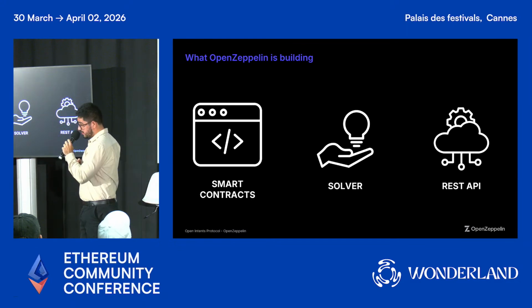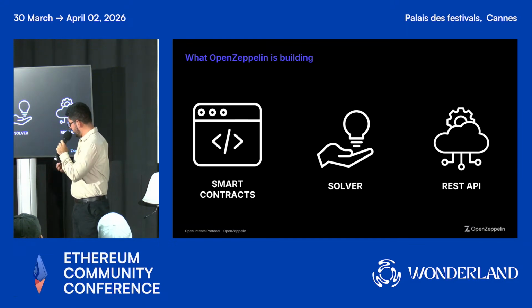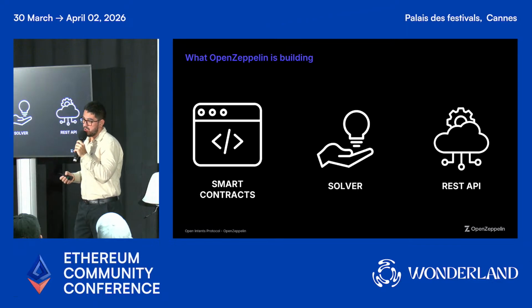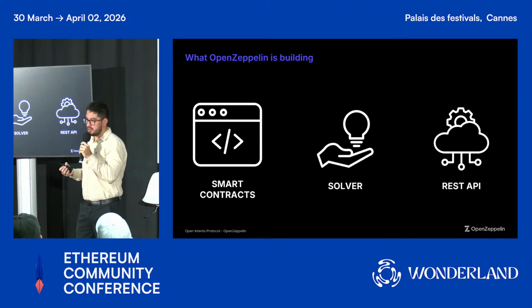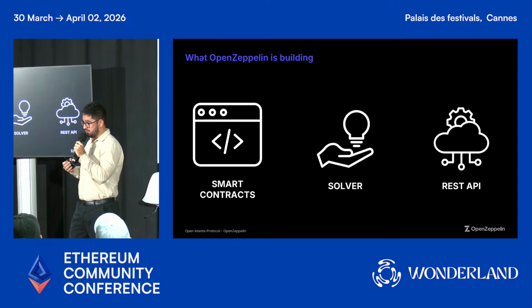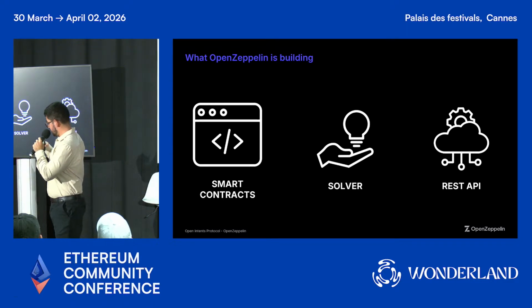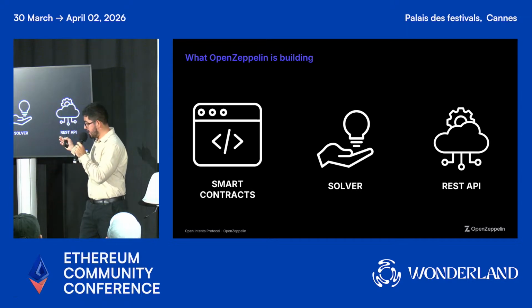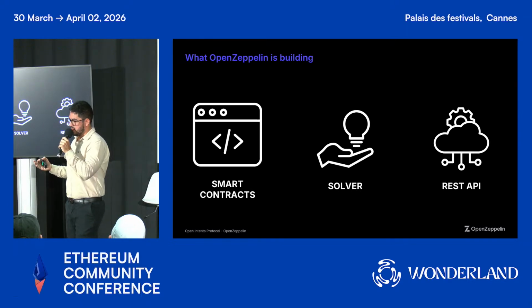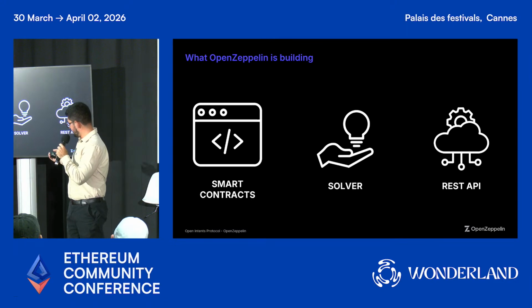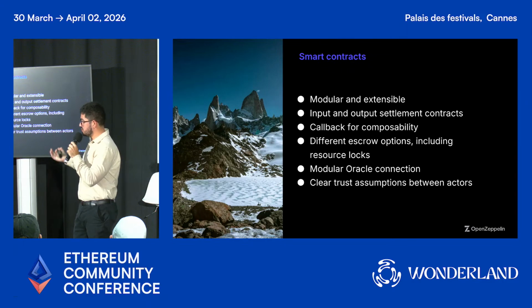We have the smart contracts, the solver, and the REST API. We have more components, like Wonderland has built an SDK that works with the REST APIs. We have the standard 7683 that will follow that standard, and we simply have to use the SDK.